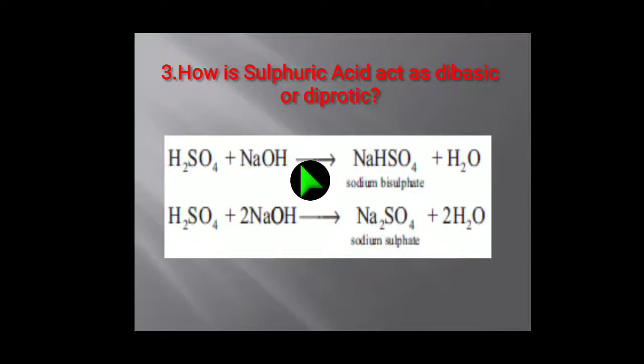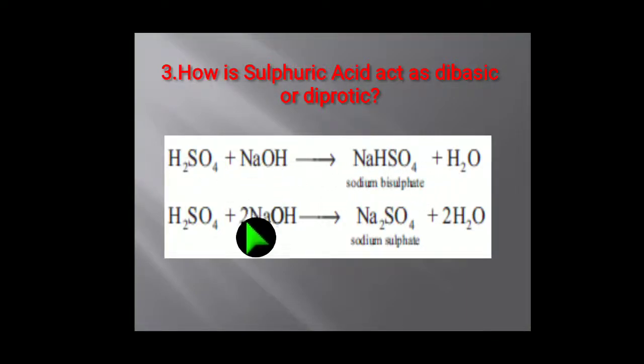We understood the acid reacts with the base, salt will form, salt plus water. In the same manner, one hydrogen is replaced by sodium hydroxide. So OH bonds with the hydrogen, water. The salt is sodium bisulfate. The first equation, the first hydrogen is removed.